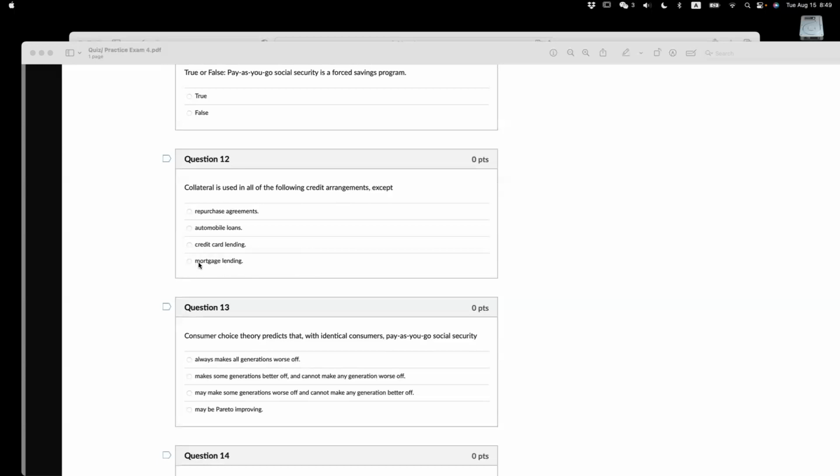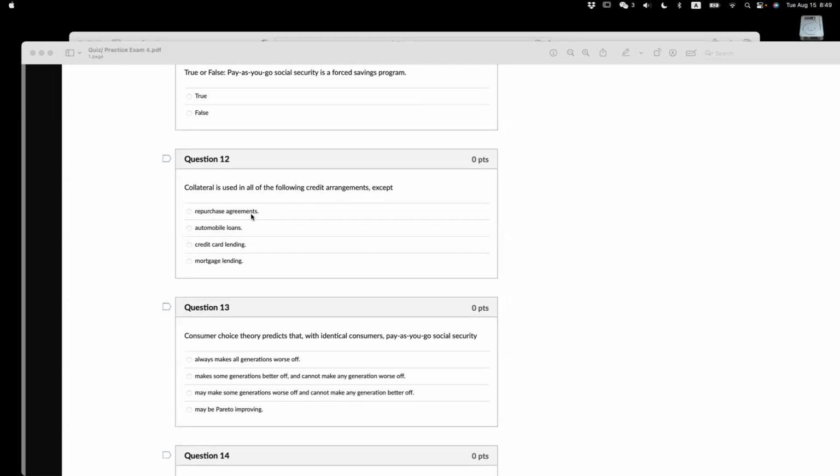Mortgage. When you borrow to pay for the purchase of a house, right? You use your house as collateral, right? So before you pay off, the bank holds your house as collateral. Okay? Automobile loan, similar, right?